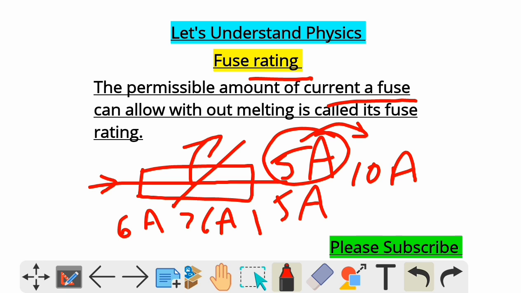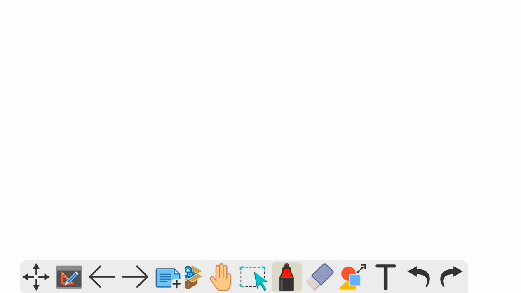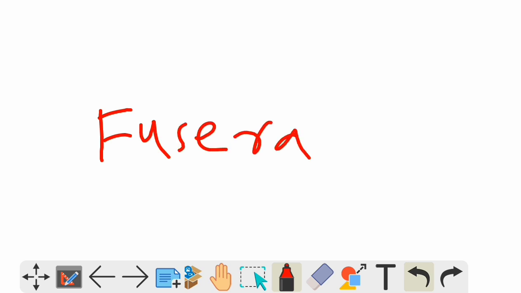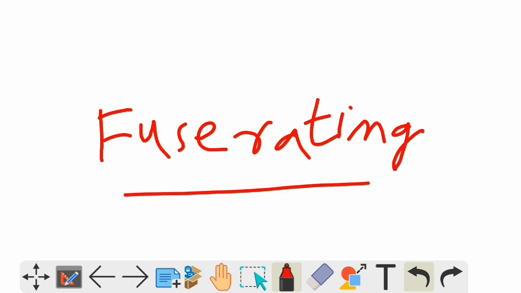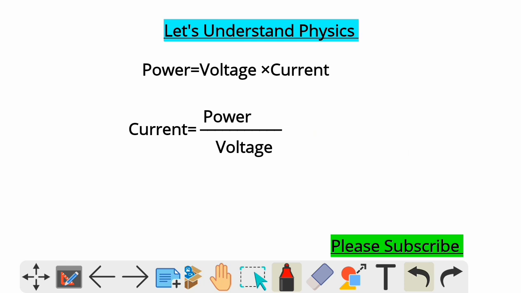Understood? So how do we calculate the fuse rating? Fuse rating is calculated by a formula, and by using that formula we calculate the fuse rating and put that fuse in the circuit. Now see here, we use power. Power is equal to voltage into current, P is equal to VI.